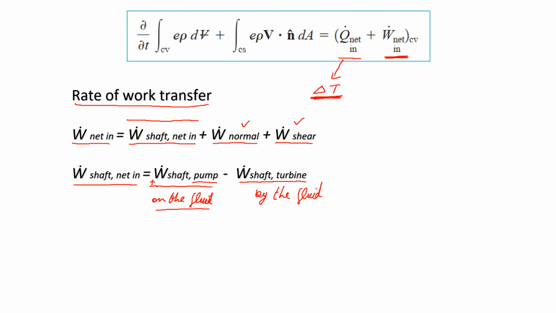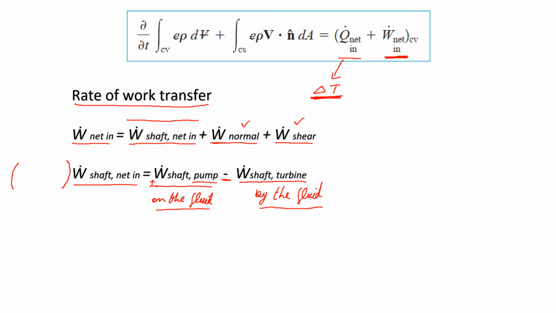In this case, the fluid is losing energy, and when it is losing energy, we will represent this with a negative sign. So that is the rate of work transfer due to work done on the shaft or work done by the shaft.